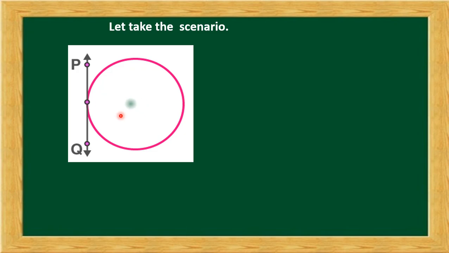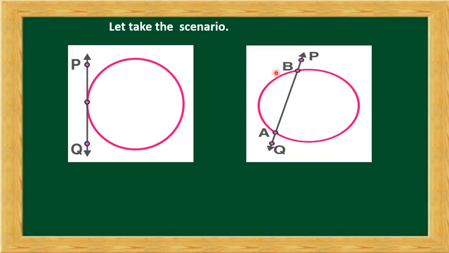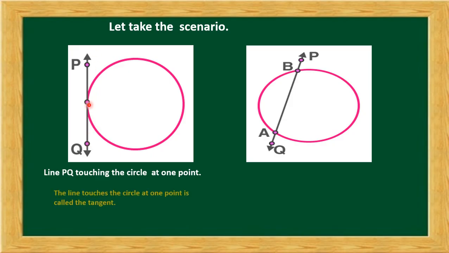Now in all three scenarios, let's take the second and third scenario: the line which touches the circle at a point and the line which touches the circle at 2 points. Here line PQ touches the circle at 1 point. So this line is known as the tangent.